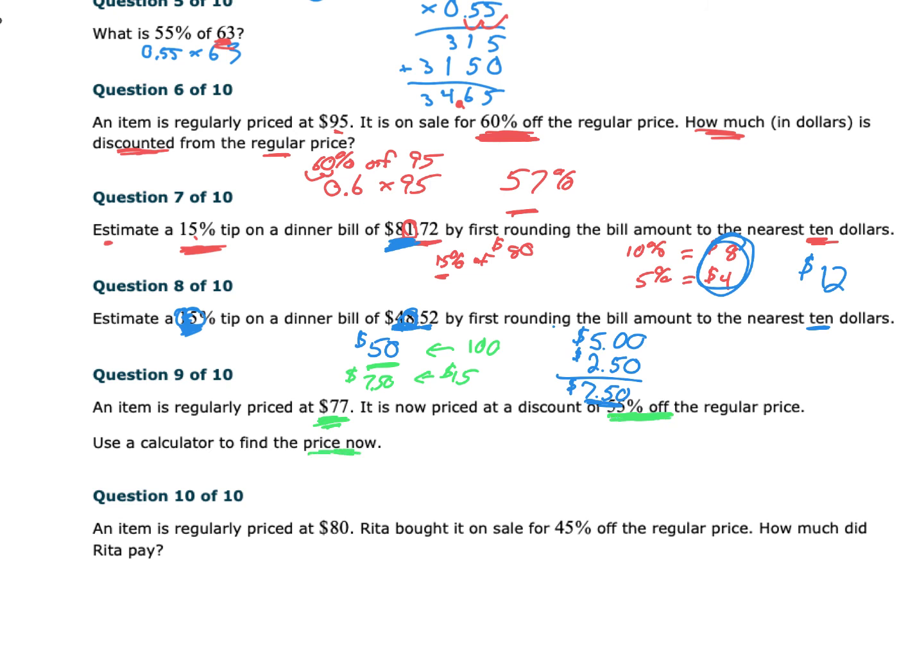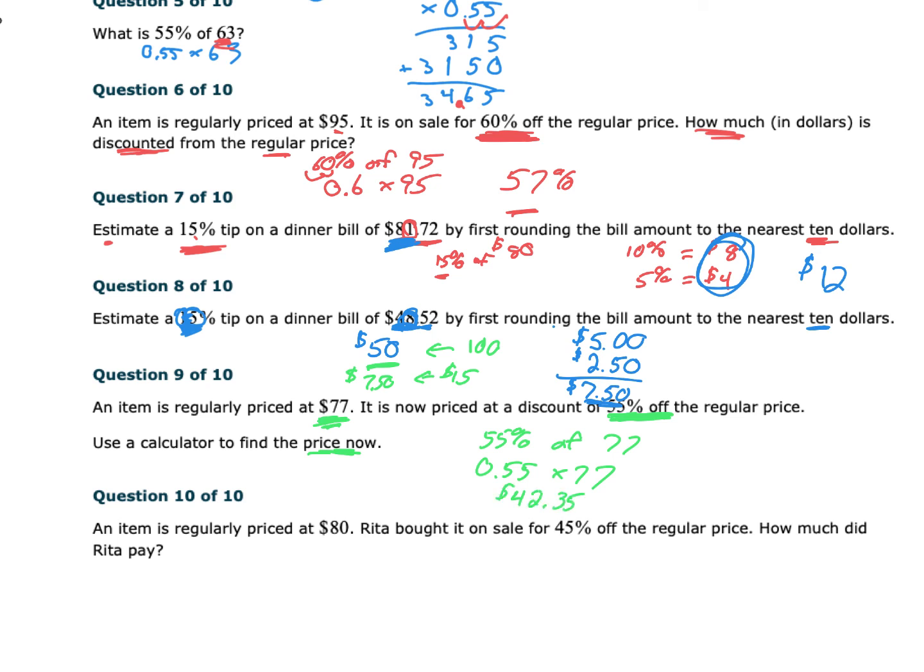Okay, it's 55% off. Let's figure out what percent off it is. 55% of 77. So 0.55 times 77. It does say you can use a calculator. So that's $42.35. Be careful, guys.